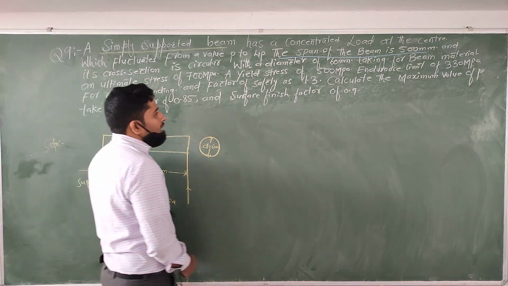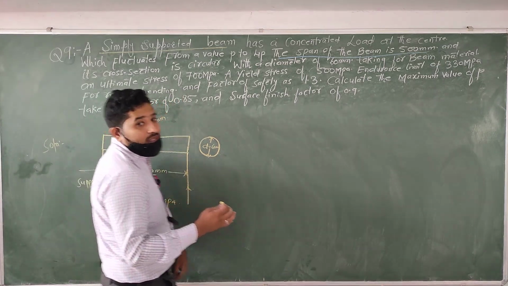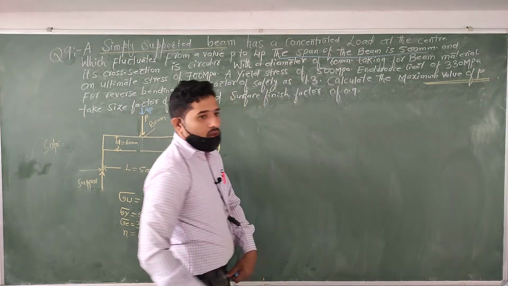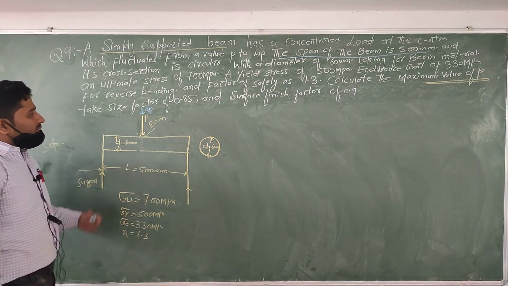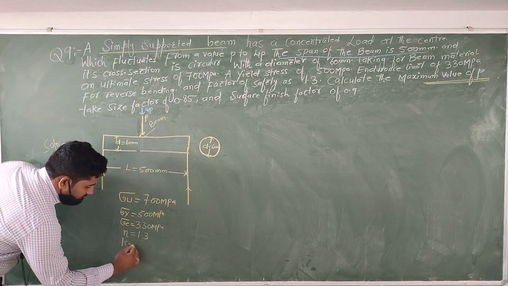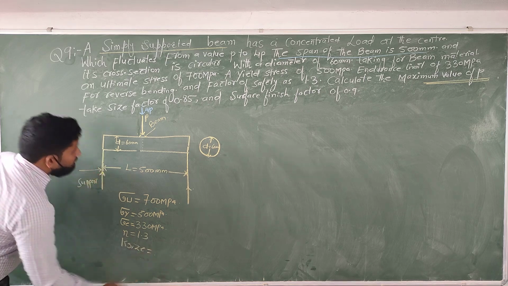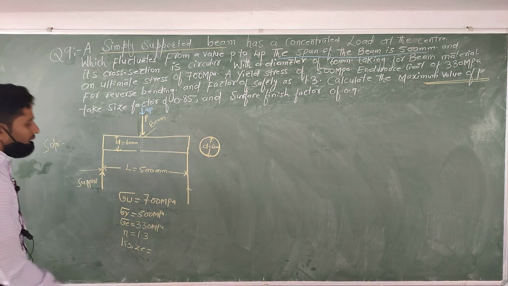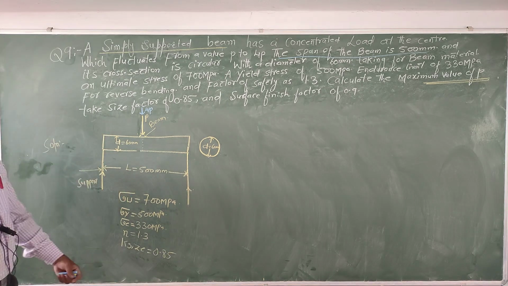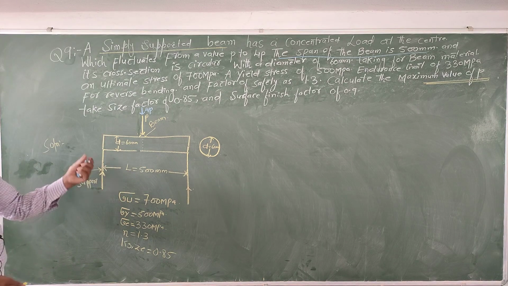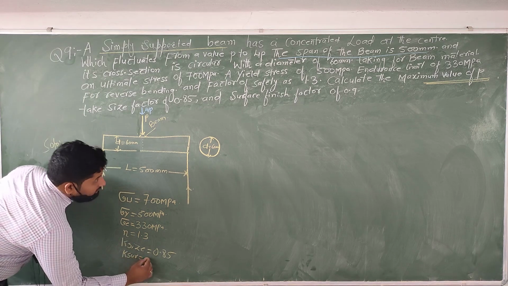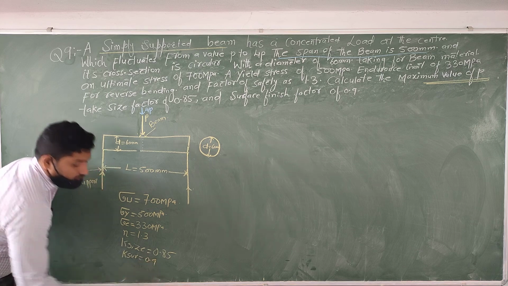So in this case, we need to find the value of P. The size factor K size is given as 0.85, and the surface finishing factor K surface is given as 0.9.